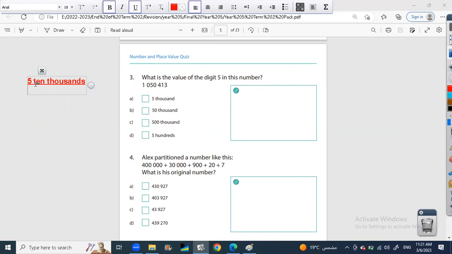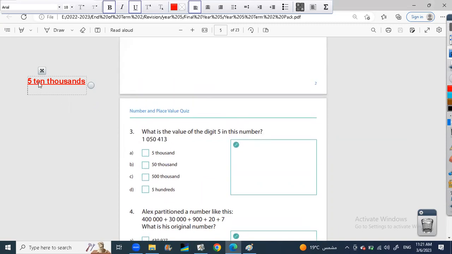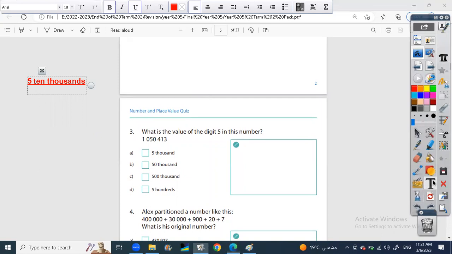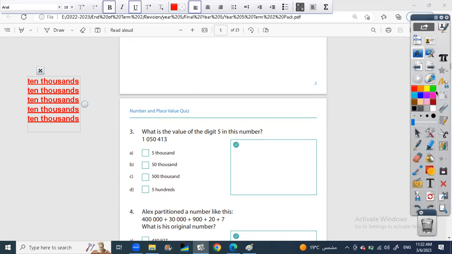Here we have 5 10,000, which means here 10,000. Imagine 10,000, 10,000s, 10,000s, 10,000s, 10,000s. This is 5 in the 10,000s place. So it is going to make actually 10 and 10 and 10 and 10 and 10, 50. It's 50,000s. Okay.